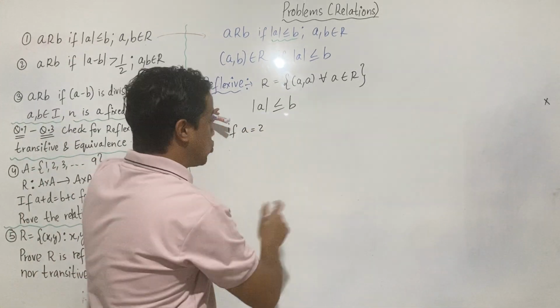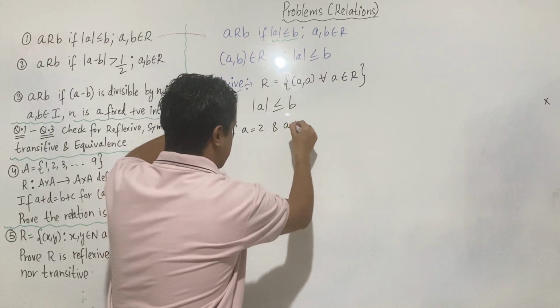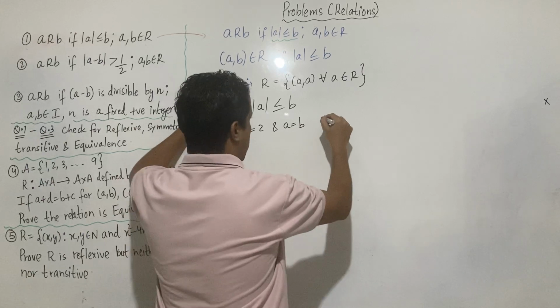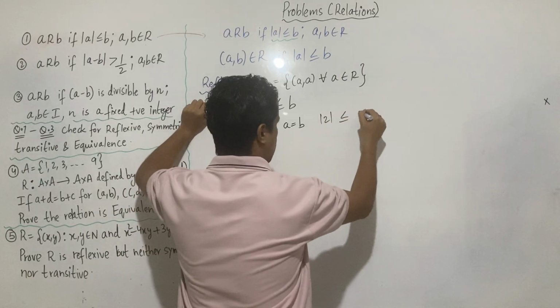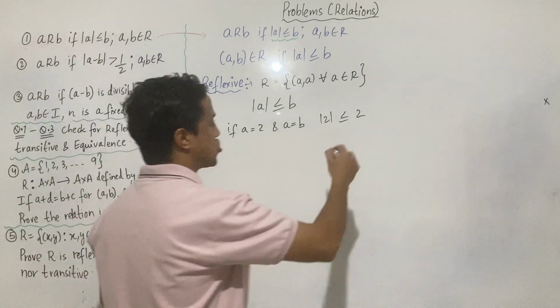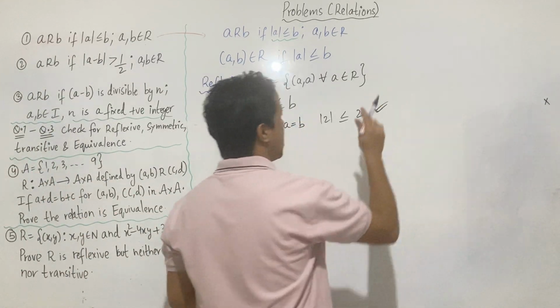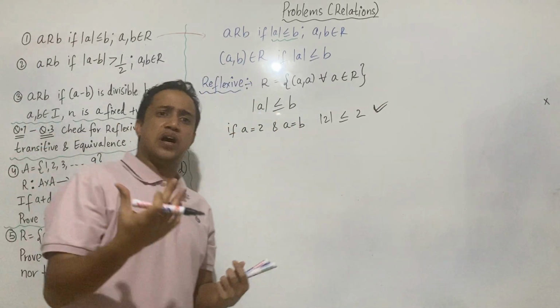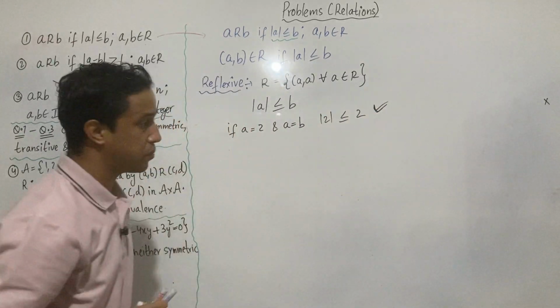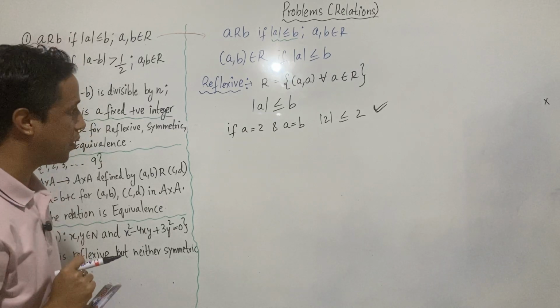If a is 2 and a is equal to b, then what would happen? Then |2| is less than or equal to 2, which is true, right? Why? Because |2| is equal to 2. So I can say this relation is going to be reflexive, but there is one problem.